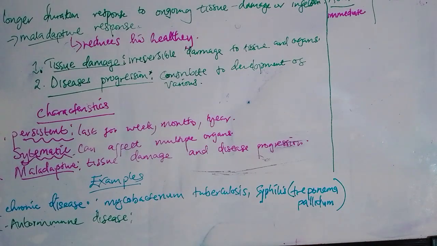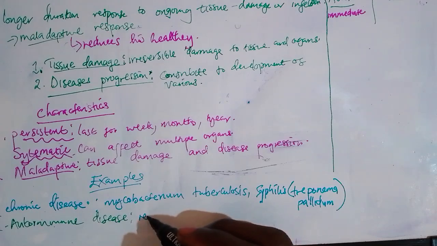When we talk about acute, we are talking about the normal part of inflammation. Be vigilant as you are reading this topic. Yeah. So, what are some of the autoimmune disease which you can know or which you see that this is an example of chronic inflammation? So, an example is rheumatoid arthritis.